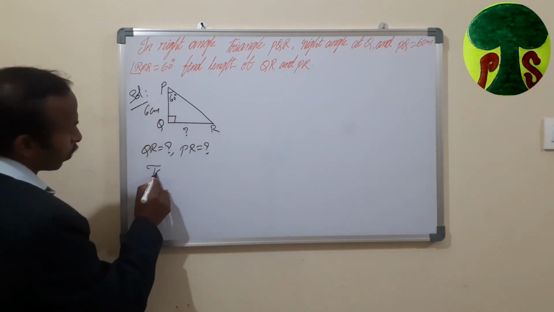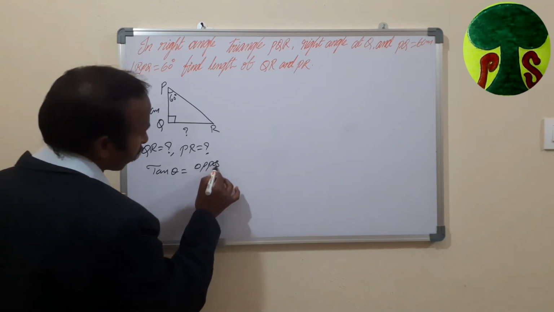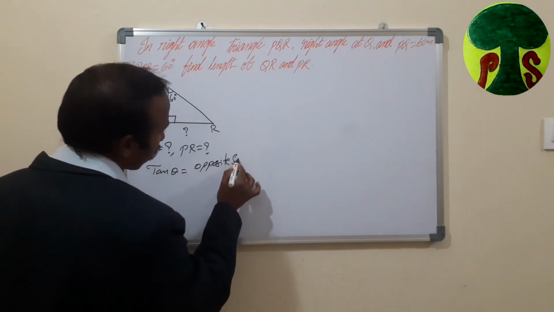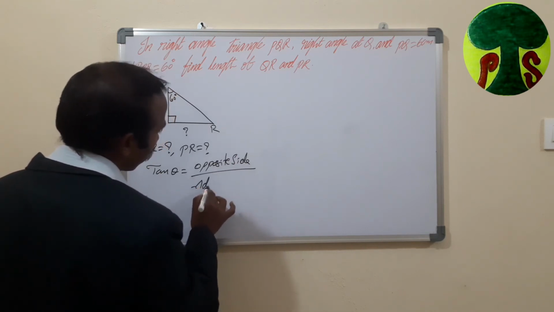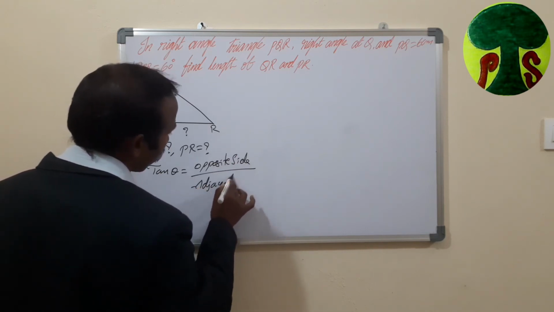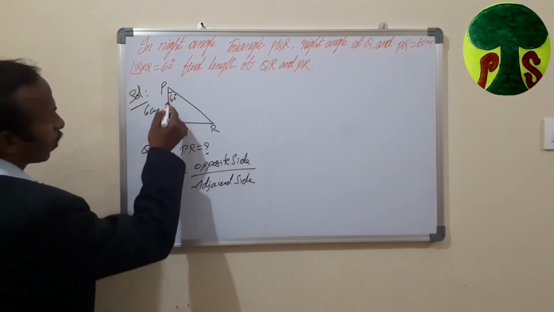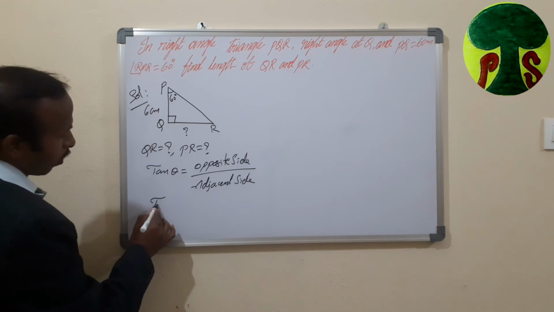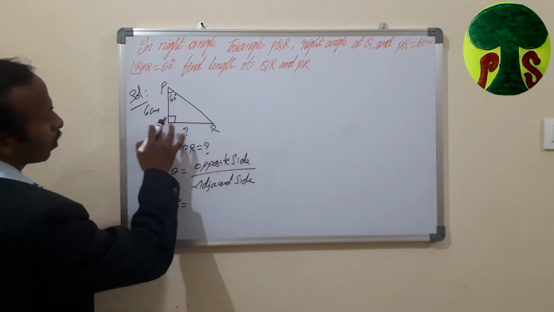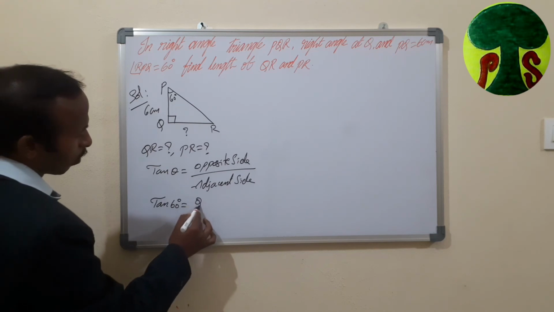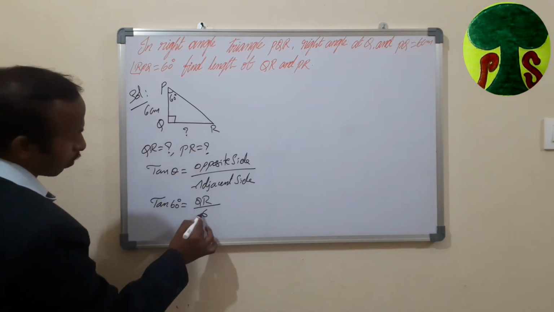Tan theta equals opposite side by adjacent side. Now theta is 60 degrees. Tan 60 degrees equals opposite side QR by adjacent PQ, that is 6 centimeters.